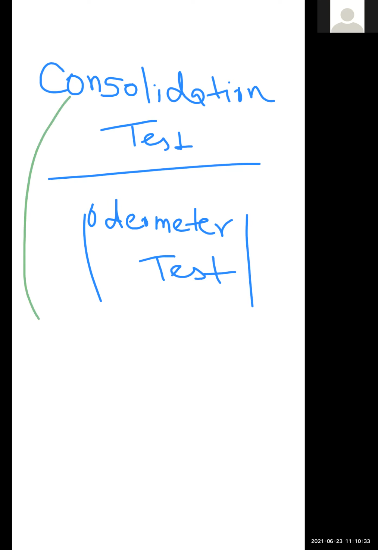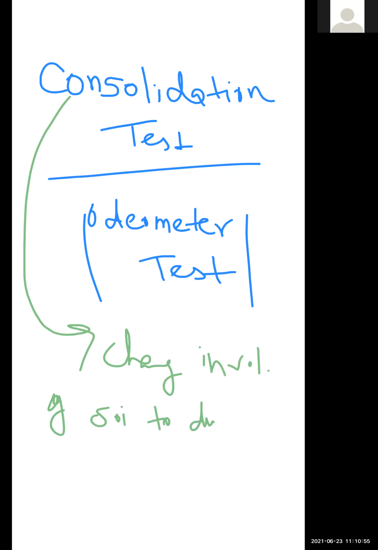So what is consolidation? Consolidation is defined as the reduction in volume, or change in volume of soil, due to pore water expulsion, and it is a time dependent process.